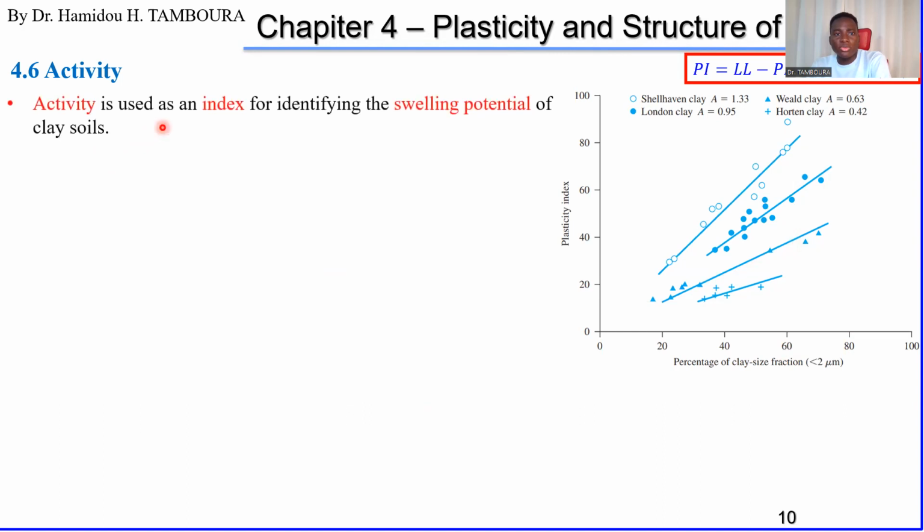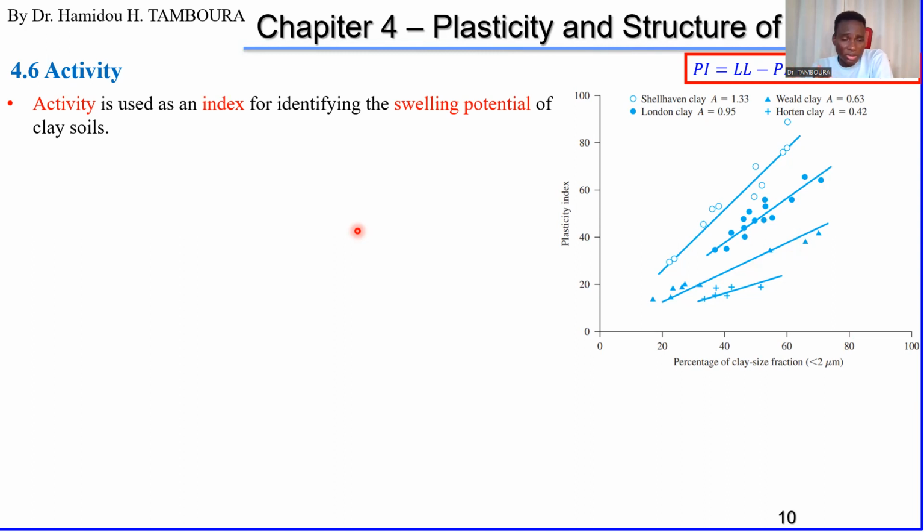And this activity is used as an index for identifying the swelling potential of soil. That is telling you how important the activity is. So when you have clay on your working site, on your construction site, you have to be careful.